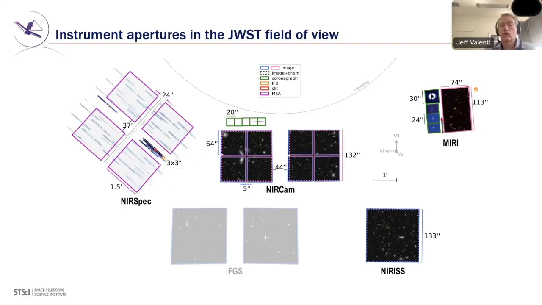And so when we're talking about doing pure parallel science, somebody's looking at something that they think is interesting, and we're going to be looking at an adjacent field. And so the science has to be the sort of thing where you can get interesting scientific results looking adjacent to somebody else's field.